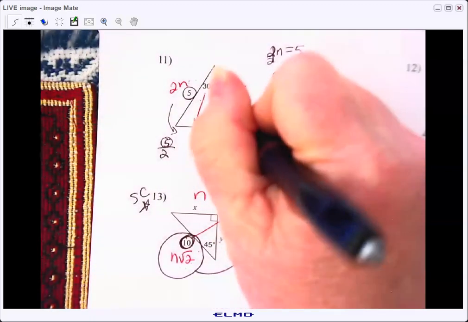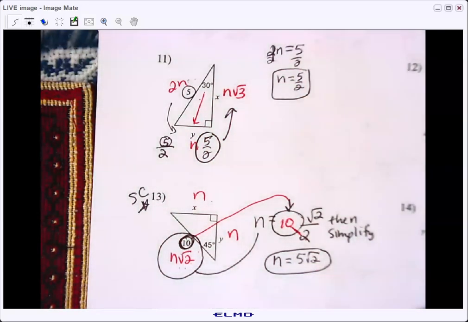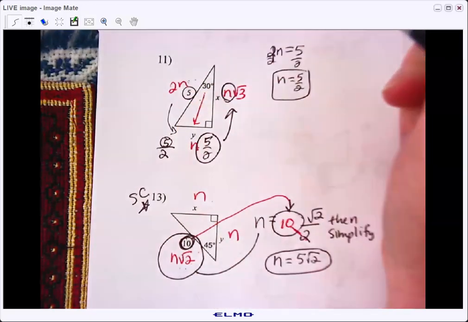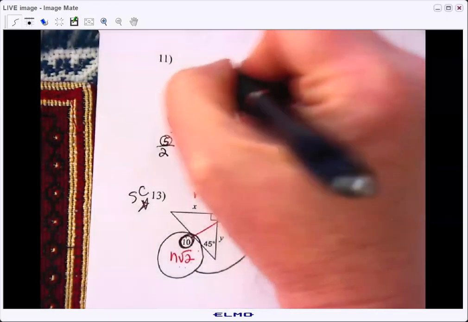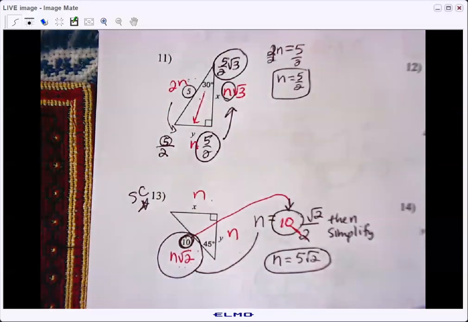What do I have to do to find the long leg? 5 over 2 times root 3. Yep. All I have to do is simply plug it in, and I'm going to get 5 over 2 with a root 3 next to it. And there's my answer.